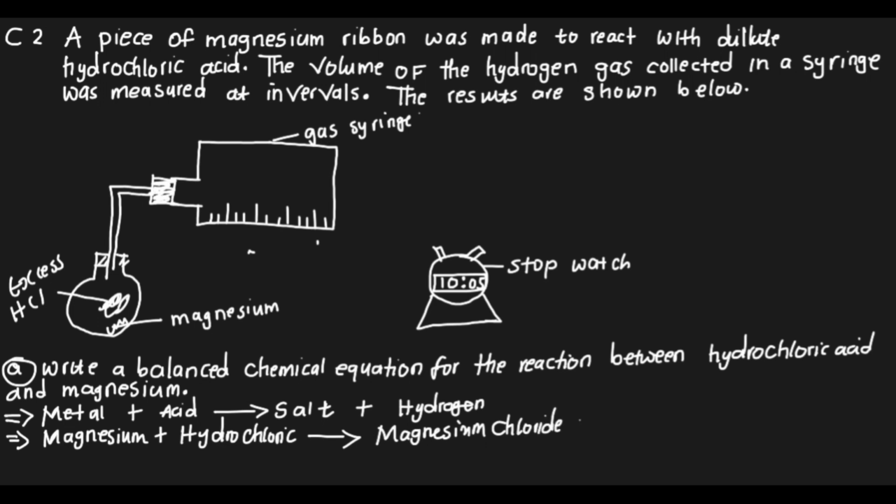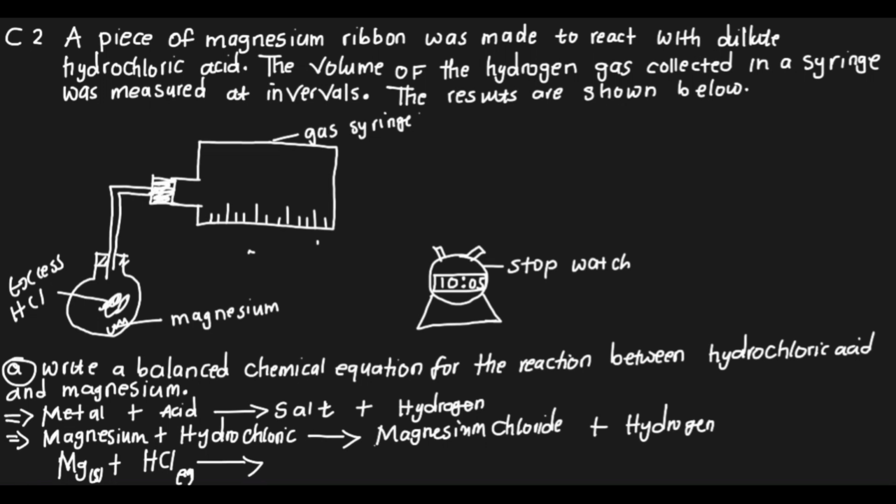If it were sulfuric, you add sulfate. Nitric, you add nitrate. Then plus hydrogen gas. Now let's convert this into state symbols. Magnesium is Mg, a solid, plus hydrochloric acid, HCl aqueous.